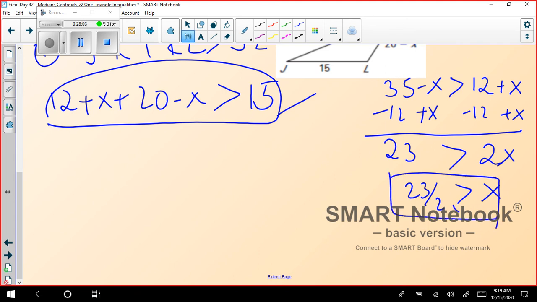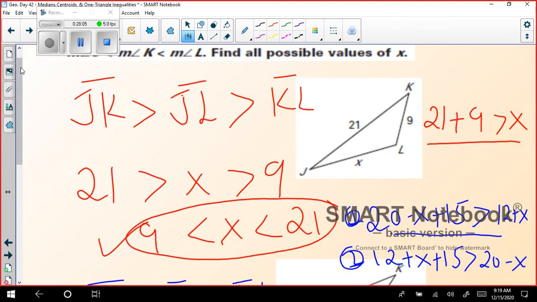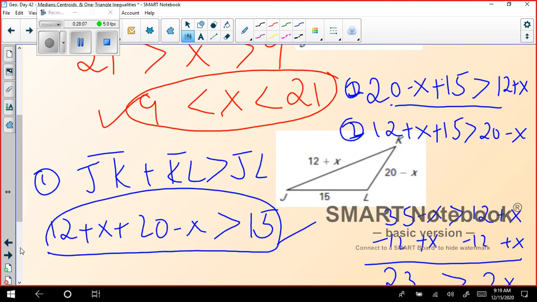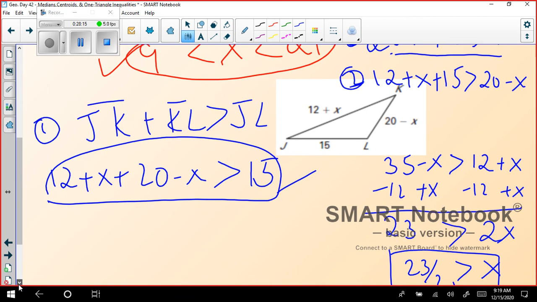And from the other inequality, which is 12 plus x plus 15 greater than 20 minus x, we had 12 plus 15, which is 27. So 27 plus x is greater than 20 minus x.